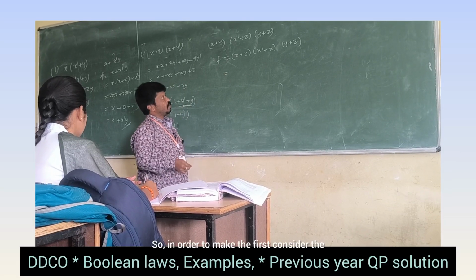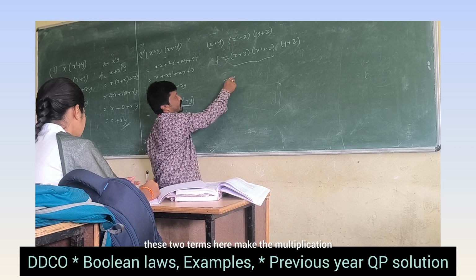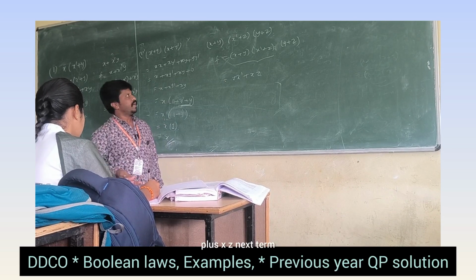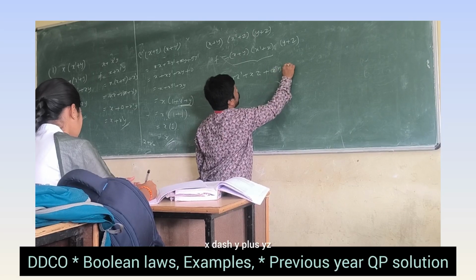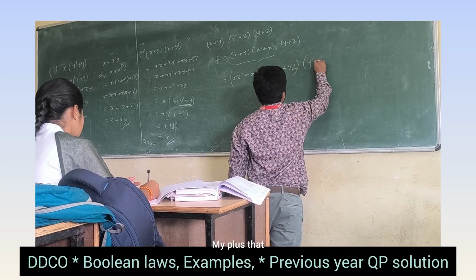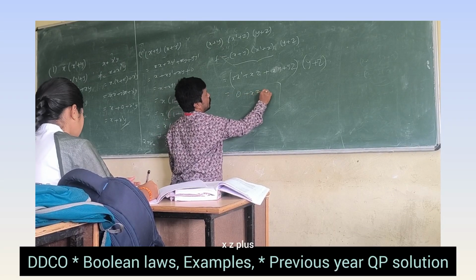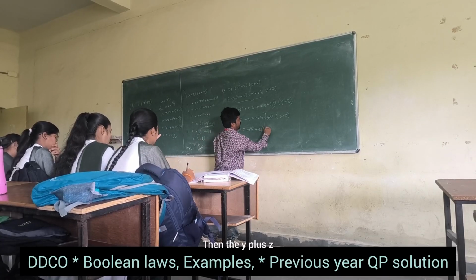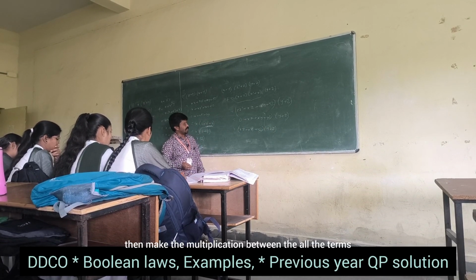First, make the multiplication between these two terms: x dash x is 0, plus xz, plus x dash y plus yz, and leave (y plus z). Then make the multiplication between all the terms.